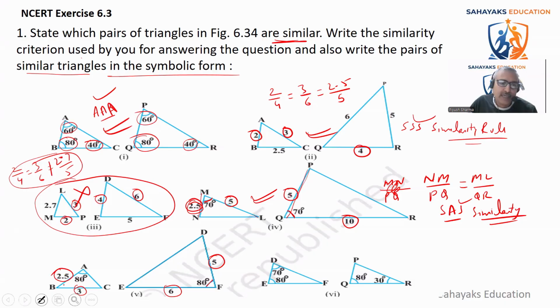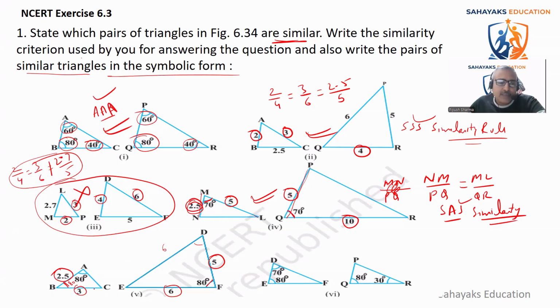If this angle would have been 80, then these two triangles could have been similar. But from here, we cannot find out. If this side is also 6 and this angle is also 80, then we can say. But as of now, with the current information which we have, we cannot say that these triangles are similar.